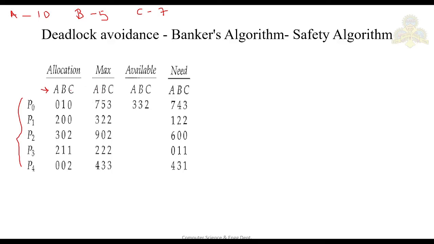But what is the maximum need of these processes? For P0, the maximum need is 7 instances of resource A, 5 instances of resource B, and 3 instances of resource C. Whenever this 753 is given to process P0, it can completely execute its task and terminate. Likewise, the maximum need of P1 is 322, so 3 instances of A, 2 of B, and 2 of C. Whenever this maximum has been allocated to P1, it can complete its execution and terminate.